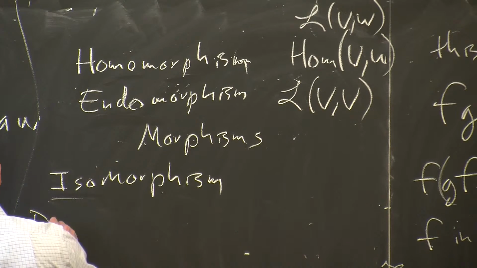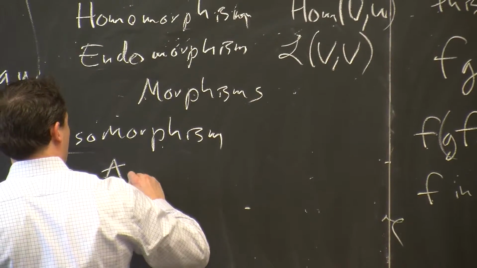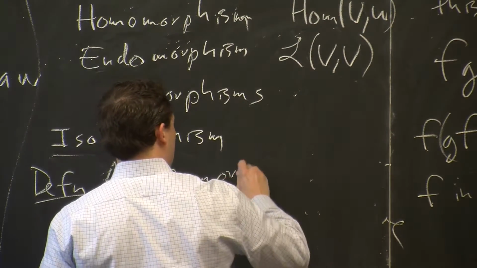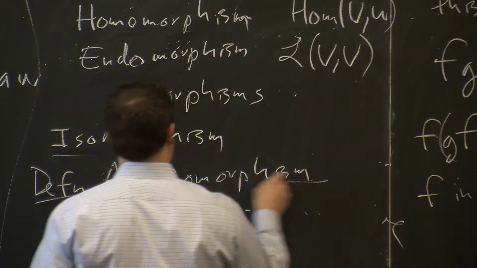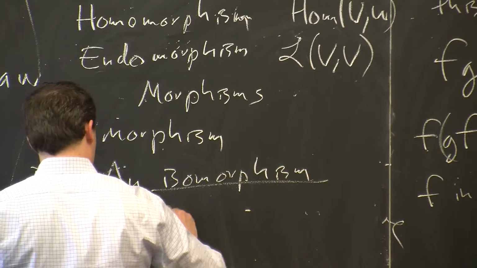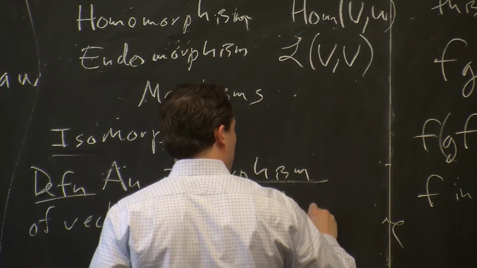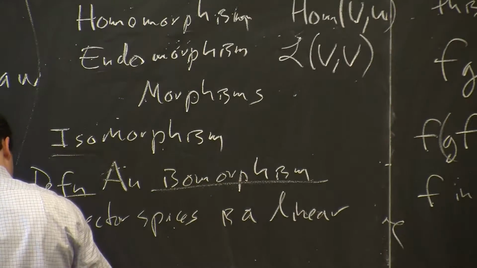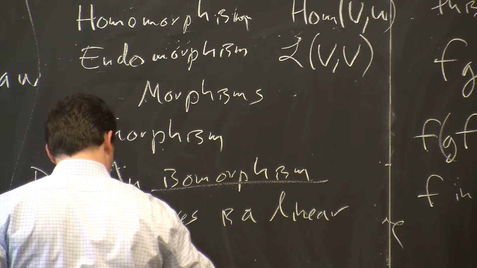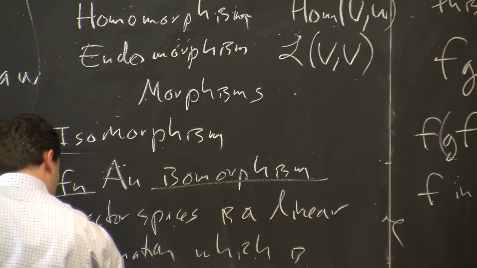So, definition: an isomorphism of vector spaces is a linear transformation, so a structure-preserving map, which is invertible.